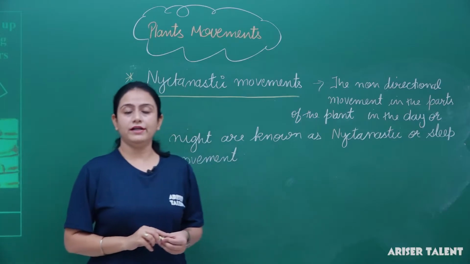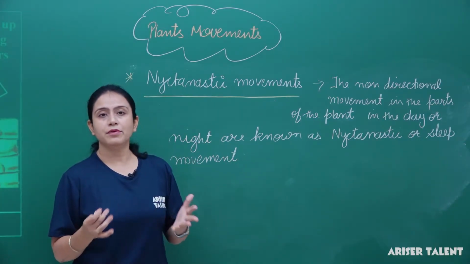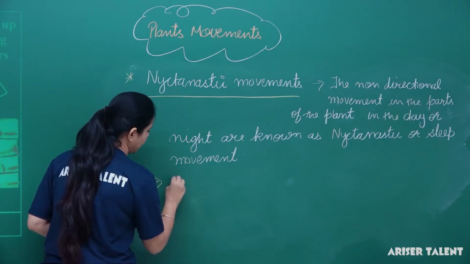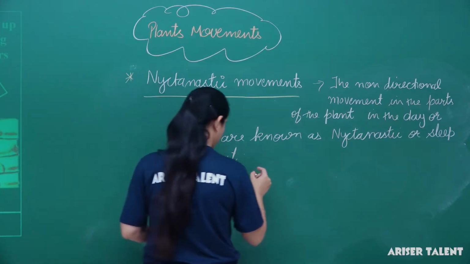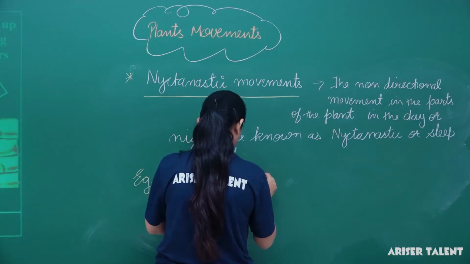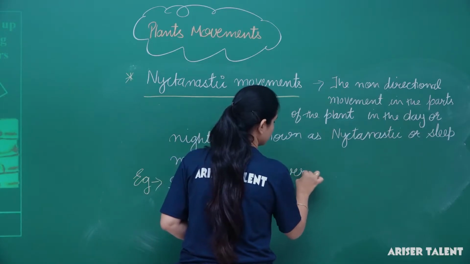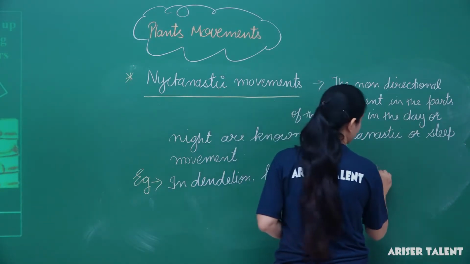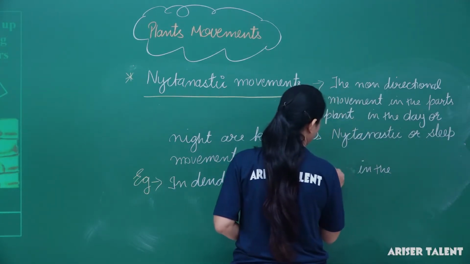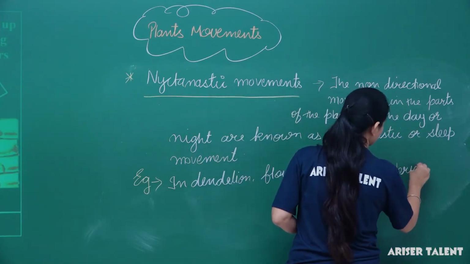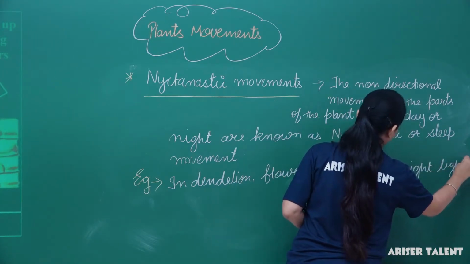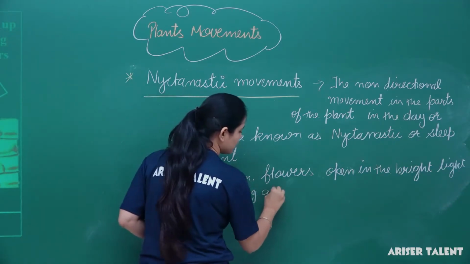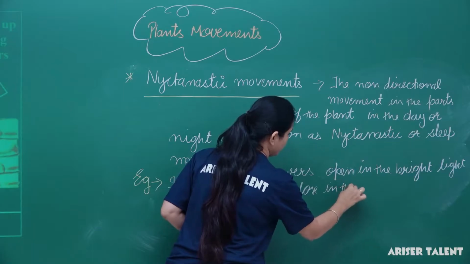For example, as I gave you the example of dandelion, the flowers of dandelion open up in the bright light in the morning and they close in the evening when the light fades.